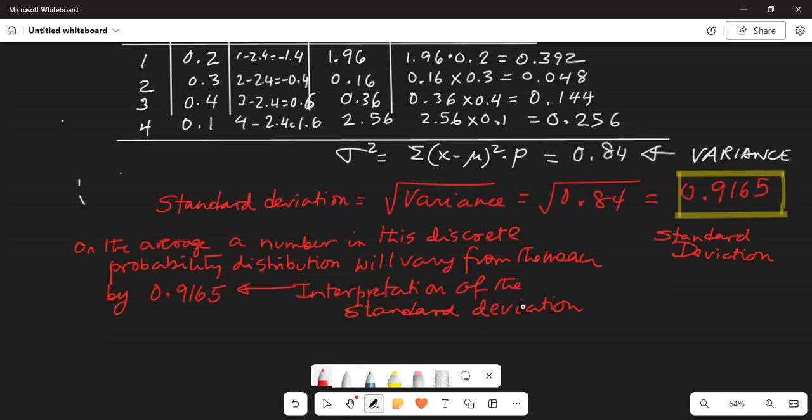To get the standard deviation, you take the square root of the variance. And what is the interpretation of standard deviation? It gives you the value by which an average number in the discrete probability distribution will vary from the mean.